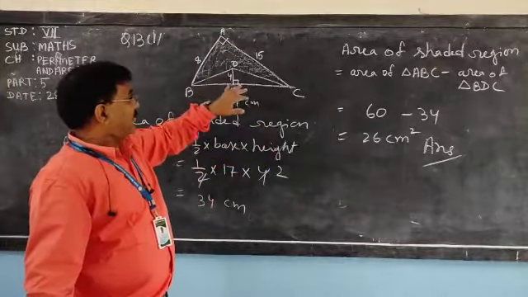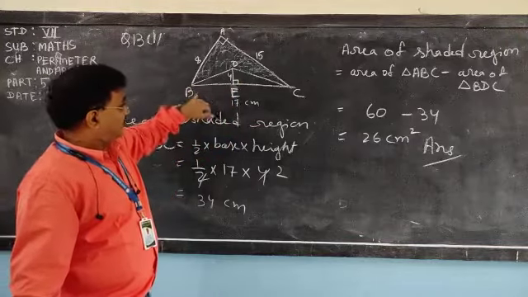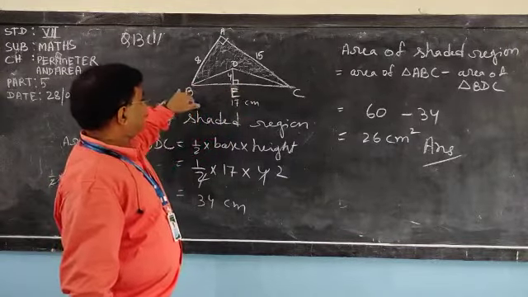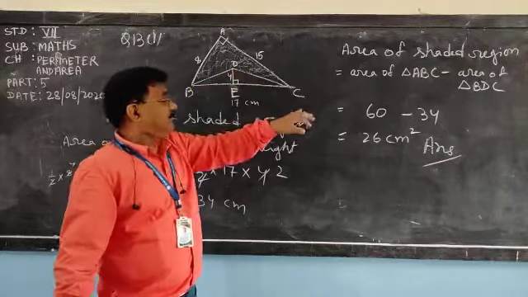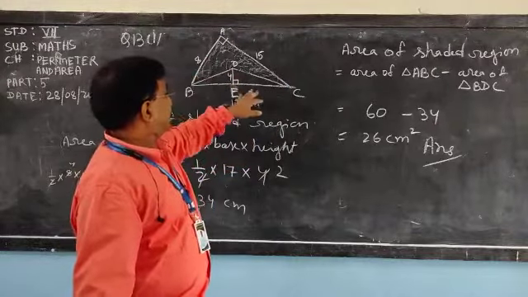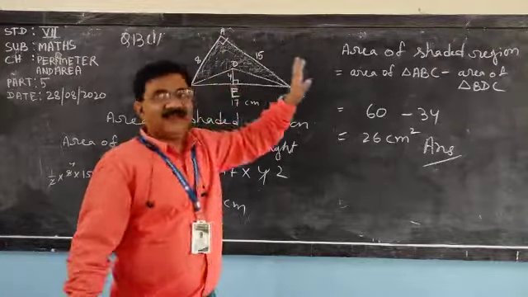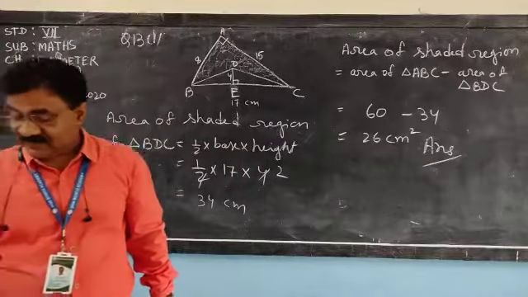So using Pythagoras theorem, we found the hypotenuse. Then when we got BC, we got the area of triangle BDC, and we subtracted it from the area of triangle ABC and got the answer.